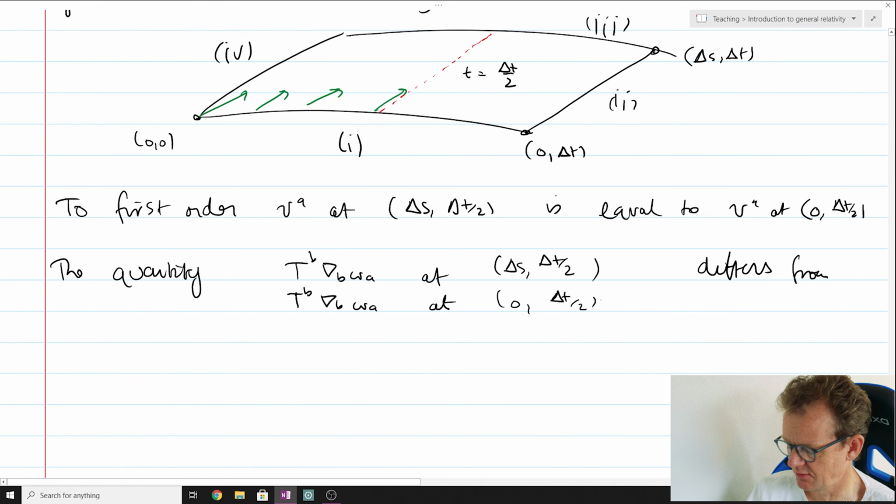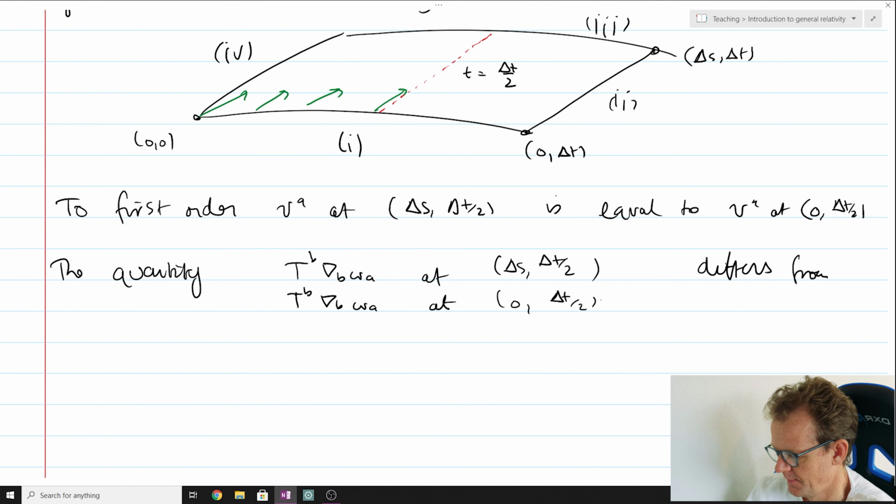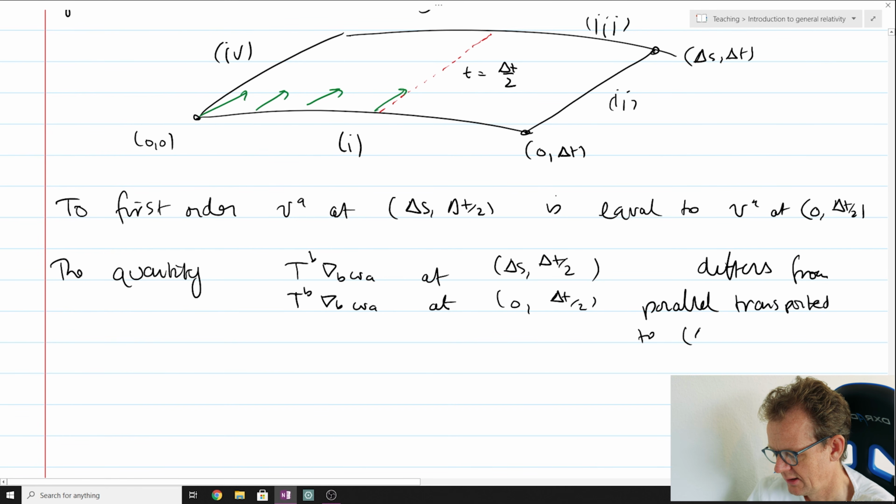In fact, they almost certainly differ because ω_A is an arbitrary dual vector field on the loop. But we can't compare these two quantities yet. They're at different places, so we have to parallel transport them. So it also differs from this dual vector field parallel transported to (δs, δt/2).